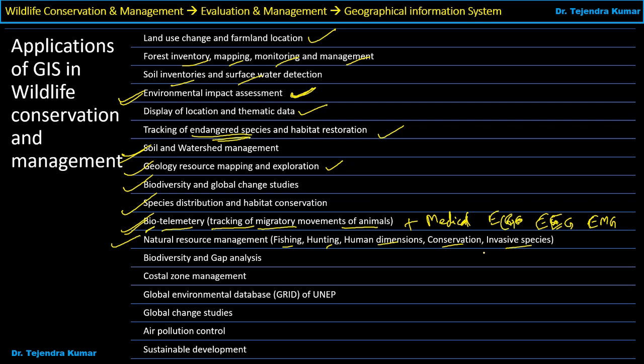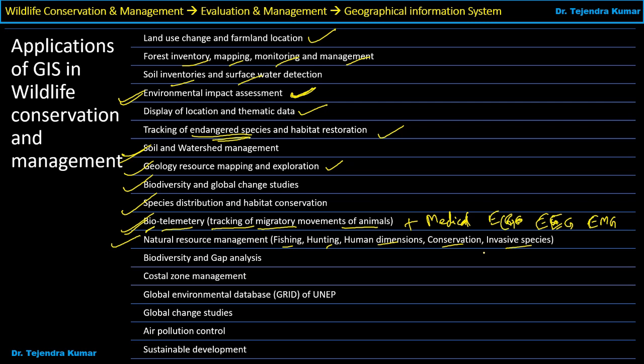And the species approach could be inefficient or expensive and biased toward megafauna. So one approach for assessing the current status of biodiversity at all levels and not just endangered species is called gap analysis. If we are only doing it for the endangered, as I have discussed in the above-mentioned point, but we do the same thing for all the species which are present there, this is called gap analysis.